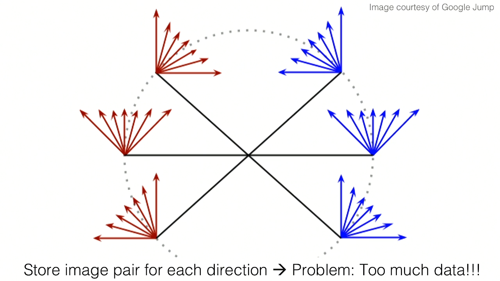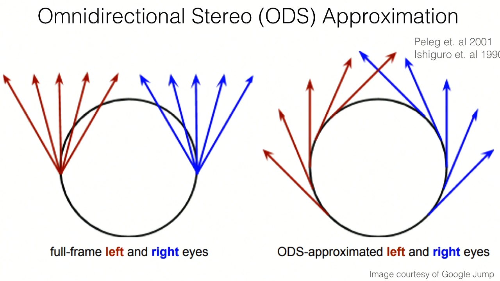So there have been a couple of different approaches to cutting down or representing this in a slightly more manageable form factor. And the currently employed approximation is the omnidirectional stereo, or ODS, approximation. So instead of having this view where at one rotation of the head we have a full 2D image captured, we instead only capture the rays that are orthogonal to this viewing circle.